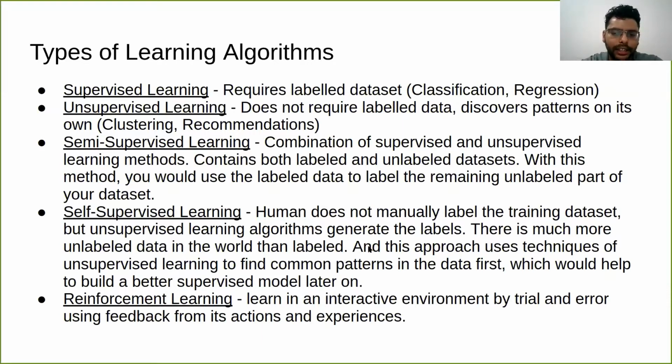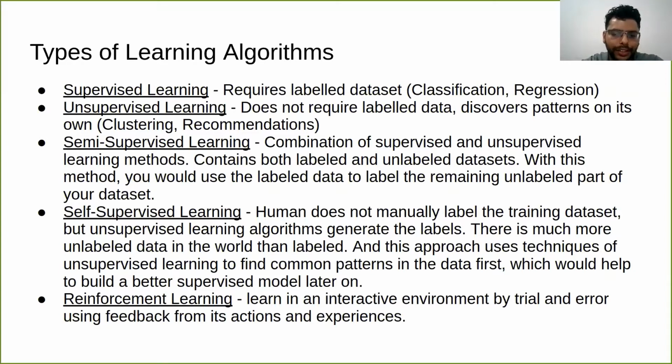This approach uses techniques of unsupervised learning to find the patterns in the data first, and then we can build a better supervised model later on. So it is also a kind of variation of semi-supervised learning, where we don't have much labeled data, but we use these unsupervised learning techniques to learn the labels itself.